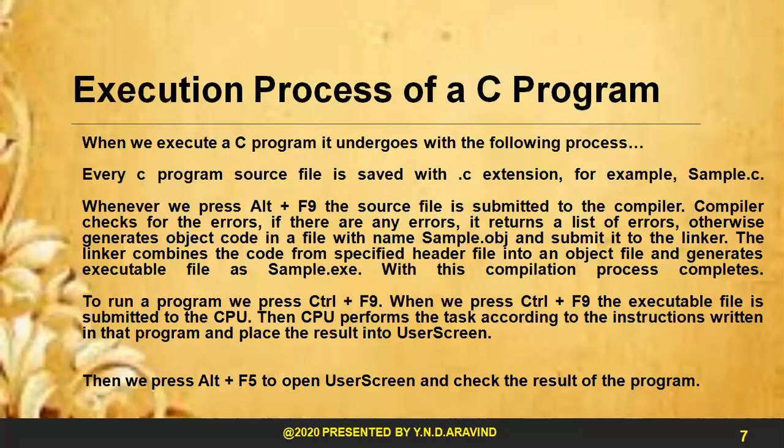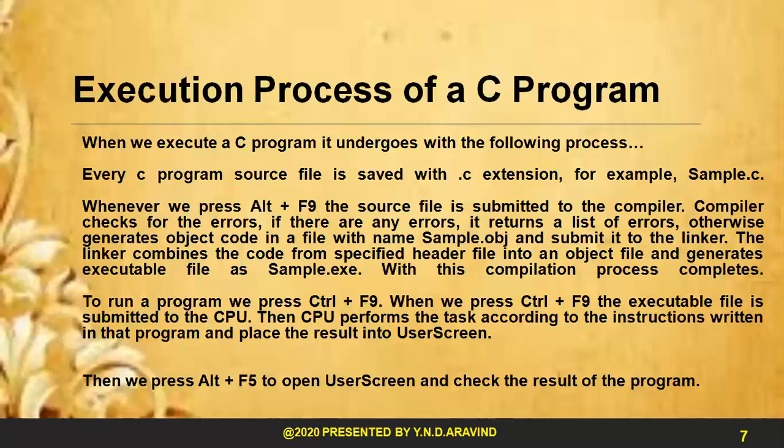Otherwise, it generates object code in a file named sample.obj, which is submitted to the linker. Now the linker combines this code with code from the specified header files into an object file, and it generates an executable file as sample.exe. With this, the compilation process is complete.